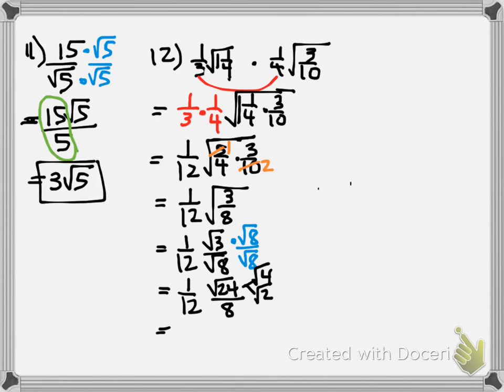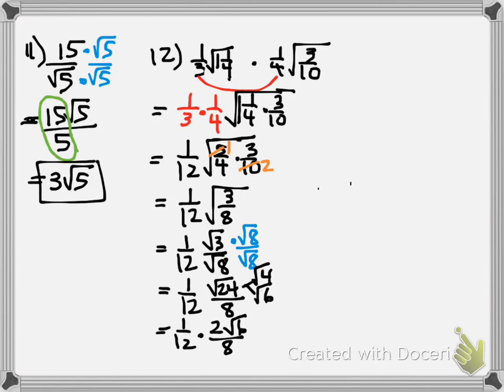So we get 1/12 times 2. Oh, wait a second. This is supposed to be a 6. What am I thinking? We get 2 radical 6 over 8. Now we have to go back to basic fractions and look for a way to simplify our fraction. So remember how simplifying works?